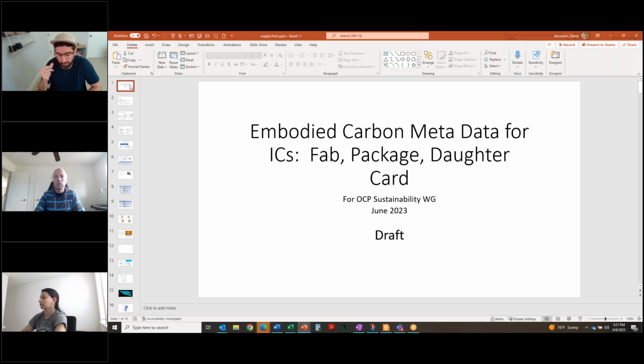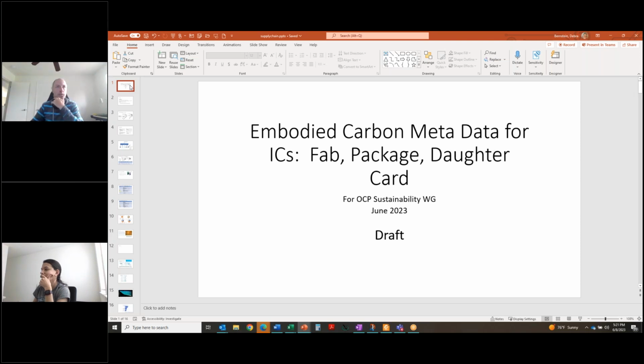What we decided to do instead is to talk about ICs all together in one place, because in the end they're all built and packaged the same way. So we'll have one section that covers all ICs, be they DDR, SSDs, server, or NICs, and talk about them all in one place.